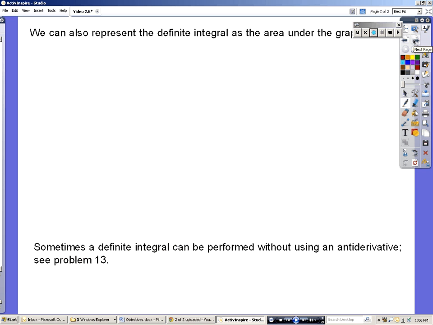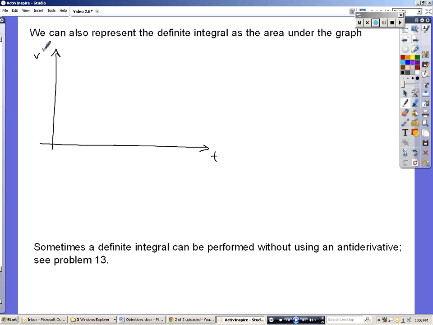Now, you've done definite integrals last year. The indefinite was new, but you've already done definite integrals. Every time we said we were finding the area under the graph, we were doing a definite integral. So let's imagine that we have v as a function of time.